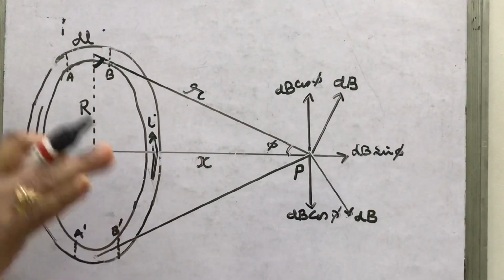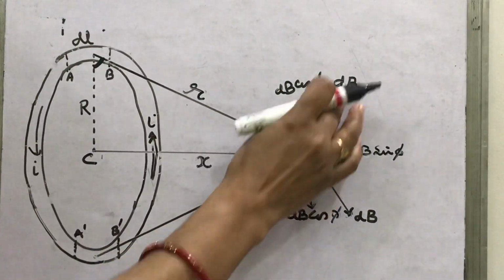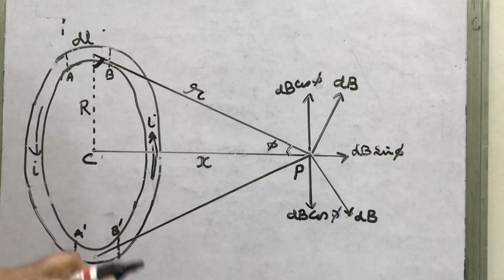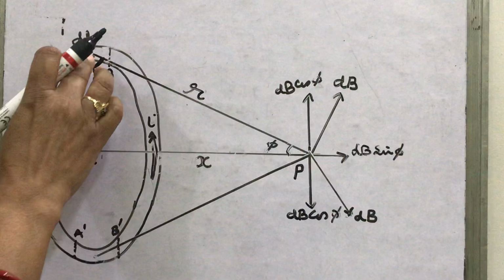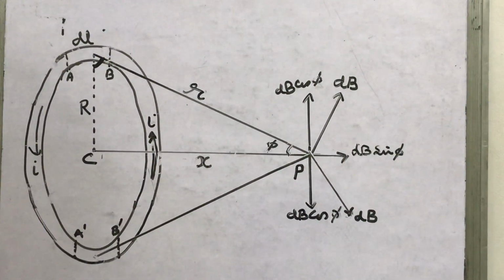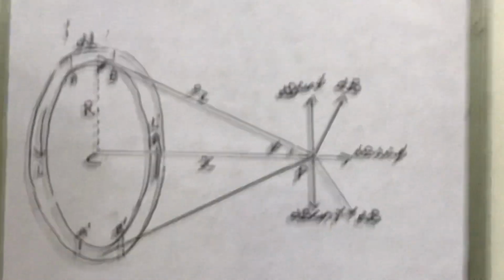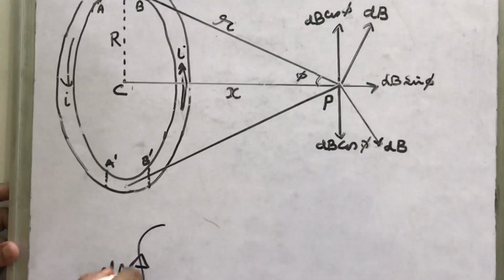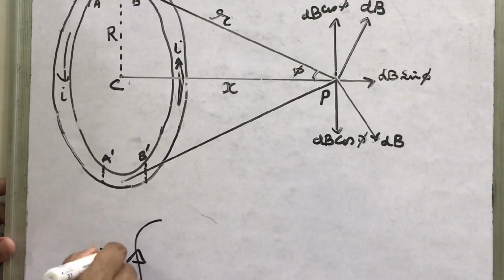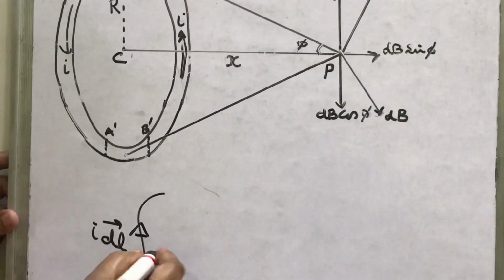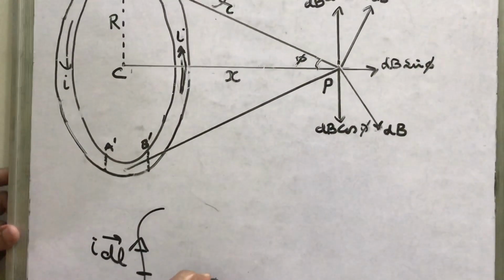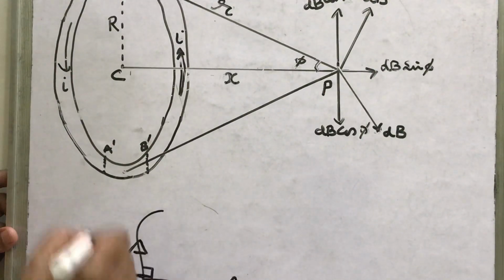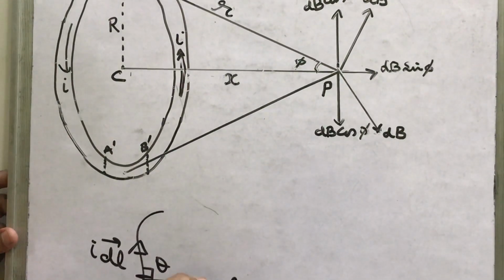So here we have to write the magnetic field dB. Before deriving, what is the direction of dB? Magnetic field is always in the plane perpendicular to dl and r. Let us see in the Biot-Savart law, if this is dl and current is I, so this is I dl, and if this is the point P, then you join this point P and this is the angle theta.